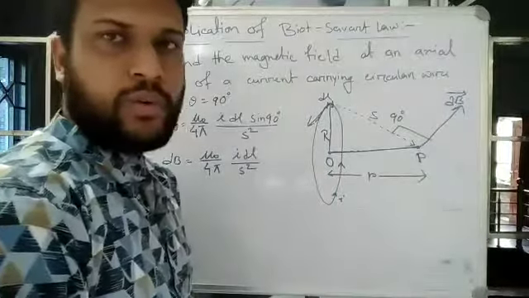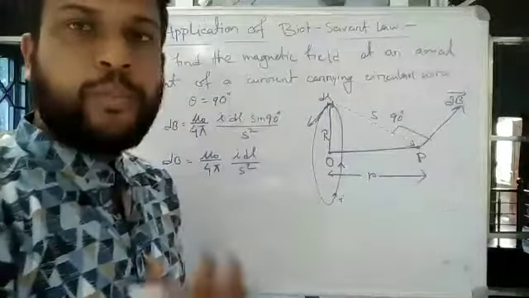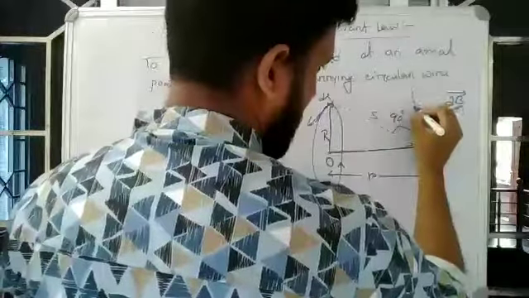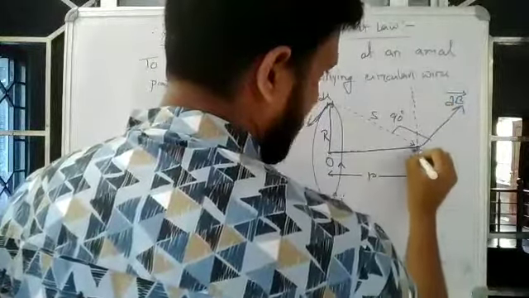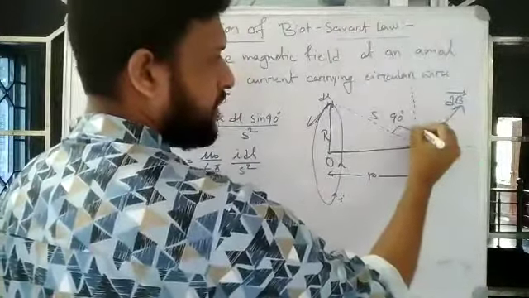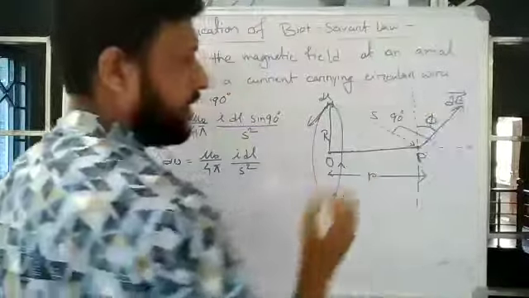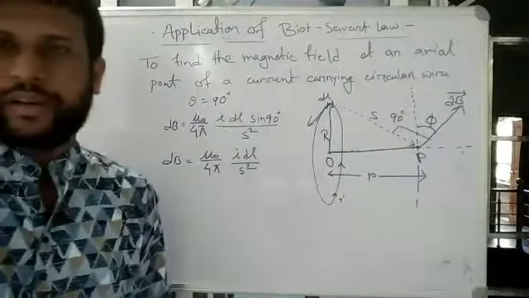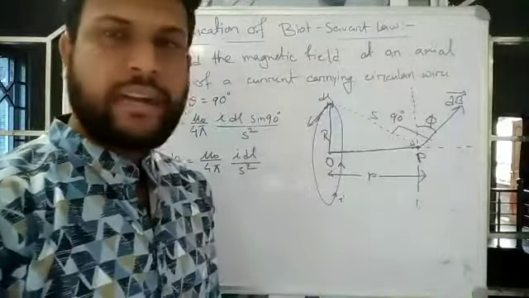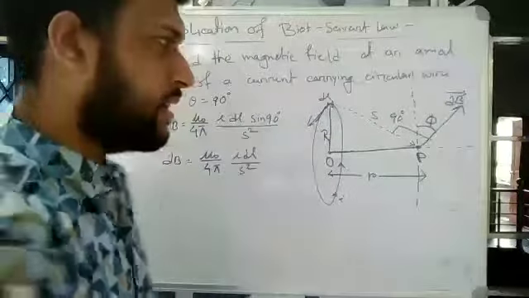Now we will do what? We will do component division of this dB. Okay, so for component division I am taking these two axes. Let us assume that this dB is making an angle phi with the vertical. Okay, we are assuming that dB is making an angle phi with the vertical.